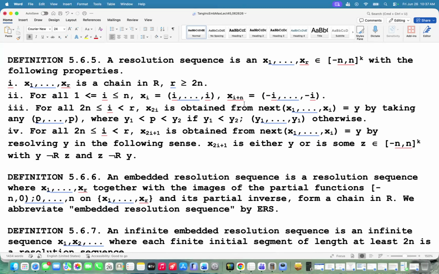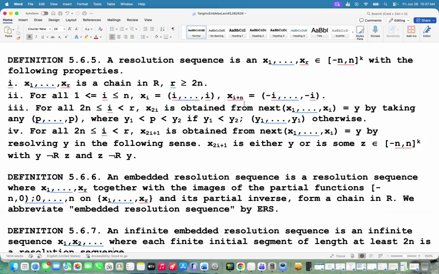Okay, so you can see how this is a finite approximation to actually resolving every term or being maximal in the restricted sense, right? Okay, so this is a good notion of resolution sequences.